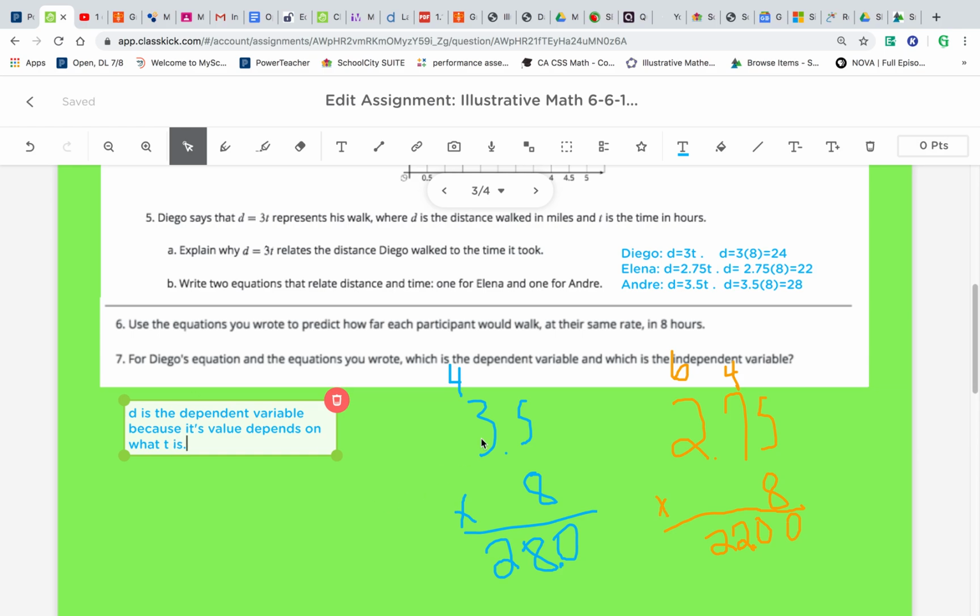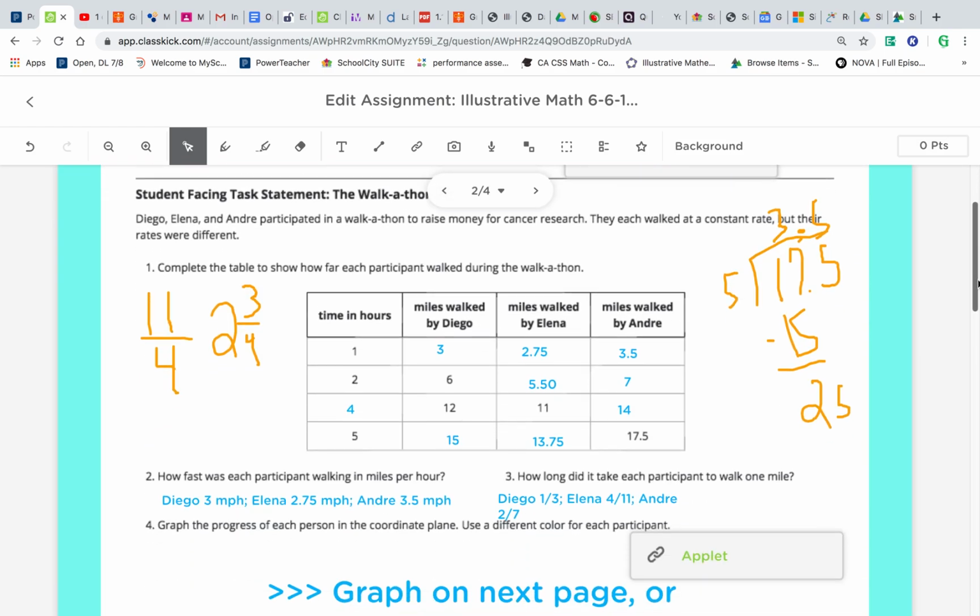You can see here as we changed the value of t, it was different, right? t became 8. In the previous table, if the time was something different, like 1 or 2 or 4 or 5, then the distance was something different.